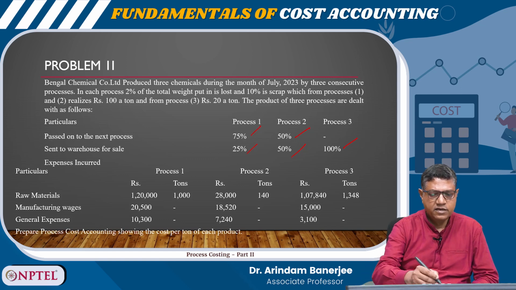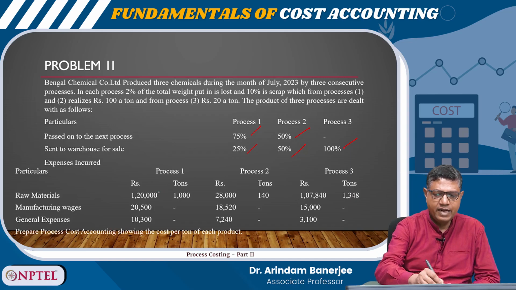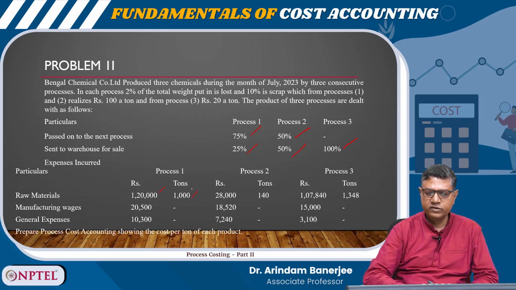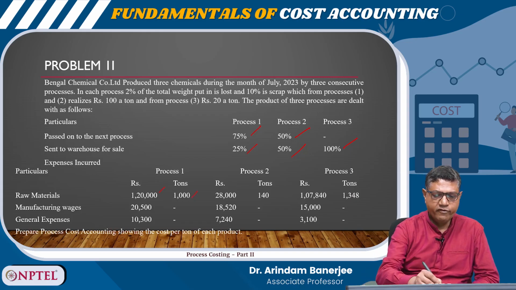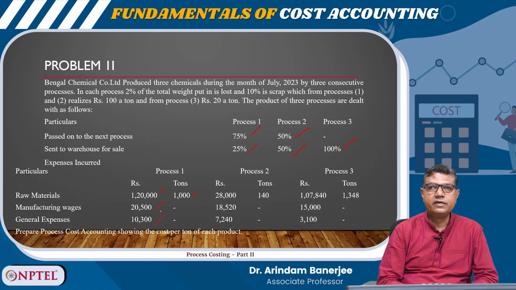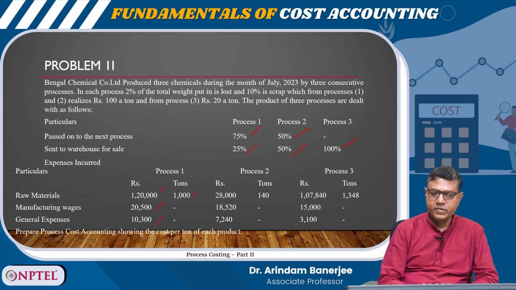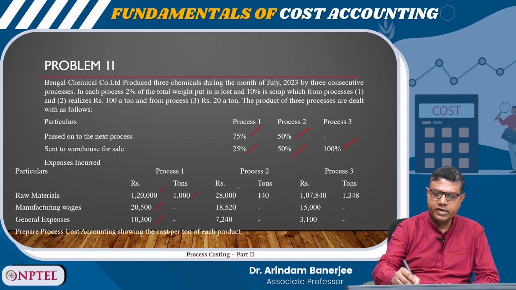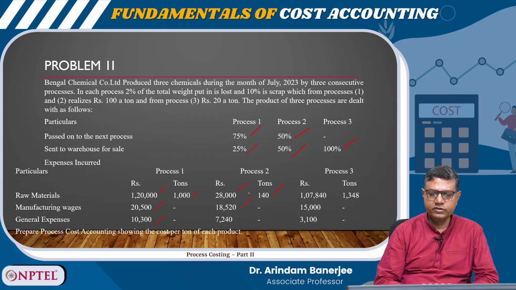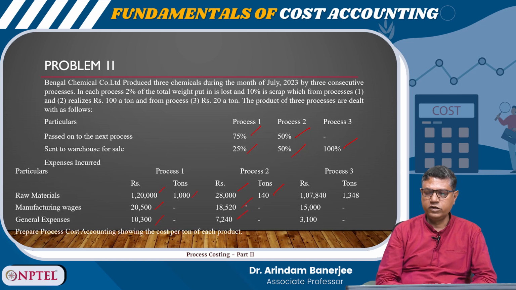In process 1, expenses incurred are raw material 1,20,000, tons 1,000, manufacturing wages 20,500, and general expenses 10,300. In process 2, raw material is 28,000, tons 140, manufacturing wages 18,520, and general expenses 7,240.